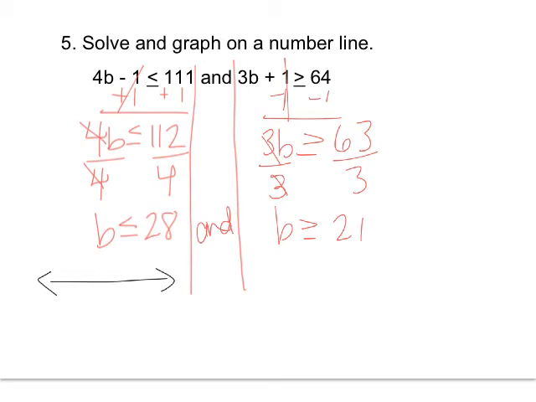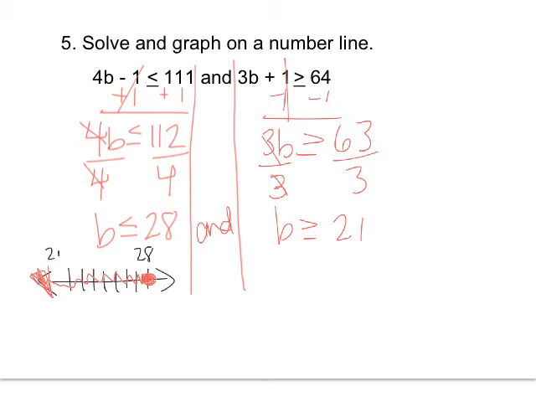So let's say this is going to be 21, 22, 23, 24, 25, 26, 27, 28. So everything less than or equal to 28 would include the 28 and go everything to the left of that.